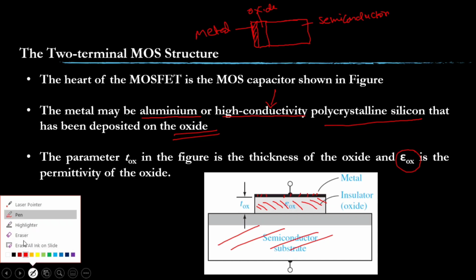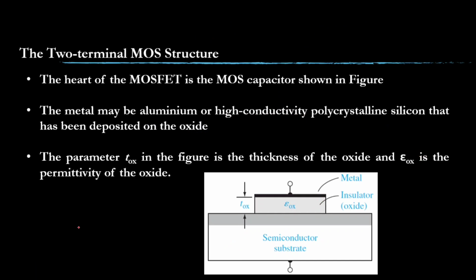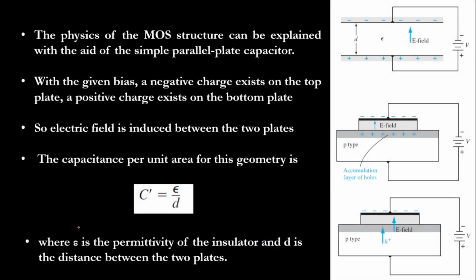And how does it work? Basically, I want this structure for explaining the MOS capacitor. Let's proceed. Look at this diagram. It's a simple diagram of a capacitor. We can explain the physics of the MOS structure with the help of a parallel plate capacitor.